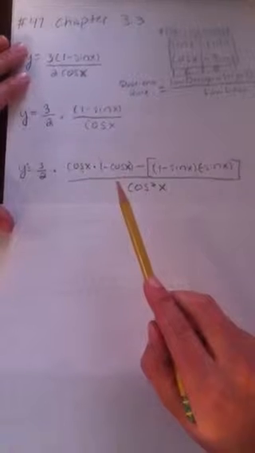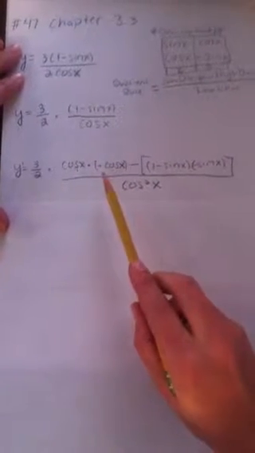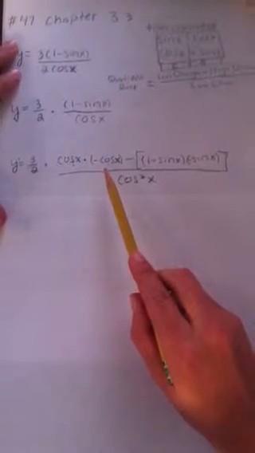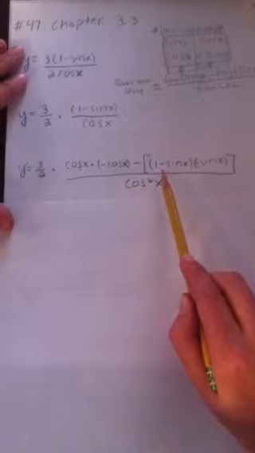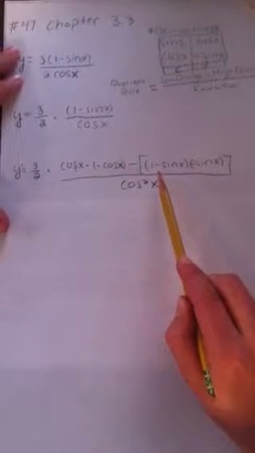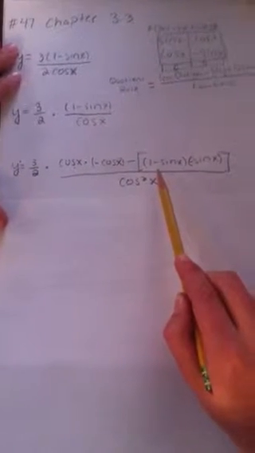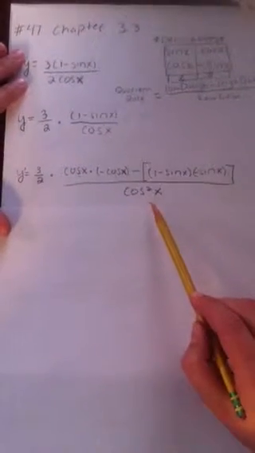It is important to remember that there is a negative sign, which will make the positive cosine x into a negative cosine x. This will be subtracted by the numerator, which is 1 minus sine x, times the derivative of the denominator, cosine x, which will be negative sine x. This will be all over the denominator squared, which will turn out to be cosine squared x.